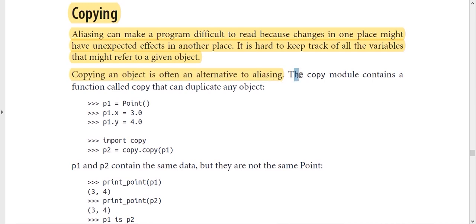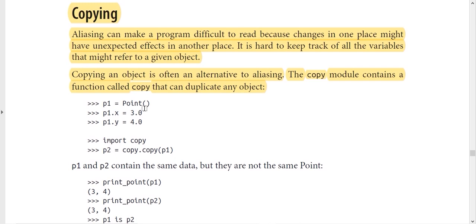The copy module provided by Python contains a function called copy that duplicates an object. In this way, we can create a duplicate of any object, and if we make changes to the new object, it will not have any effect on the other object.